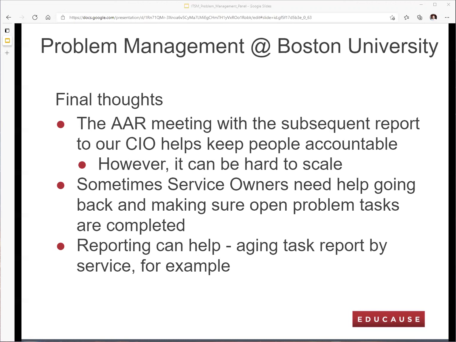Okay, Deb is asking, how is problem management different for an IT department in a university setting versus a profit-driven industry? That's a good question, but I'm not sure I know the answer. I mean, my only experience, I wasn't a problem manager in my prior life, but I was an escalation manager in a corporate setting.